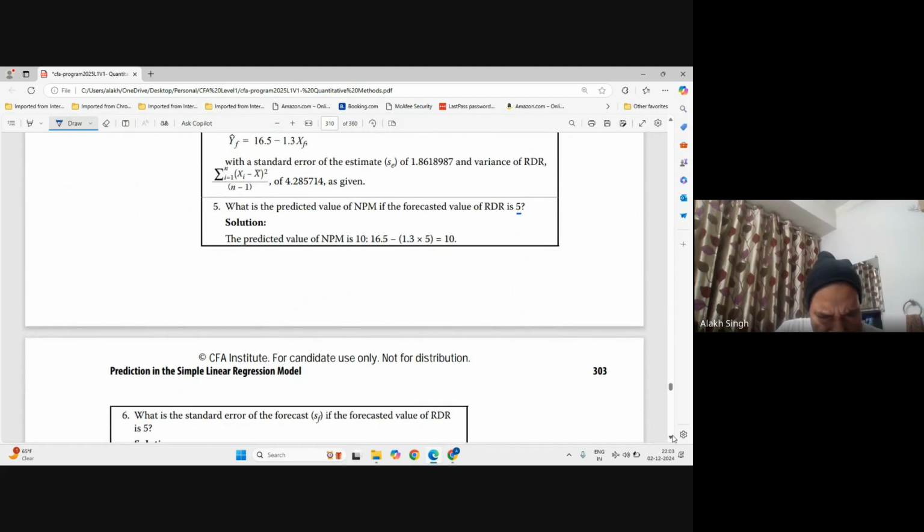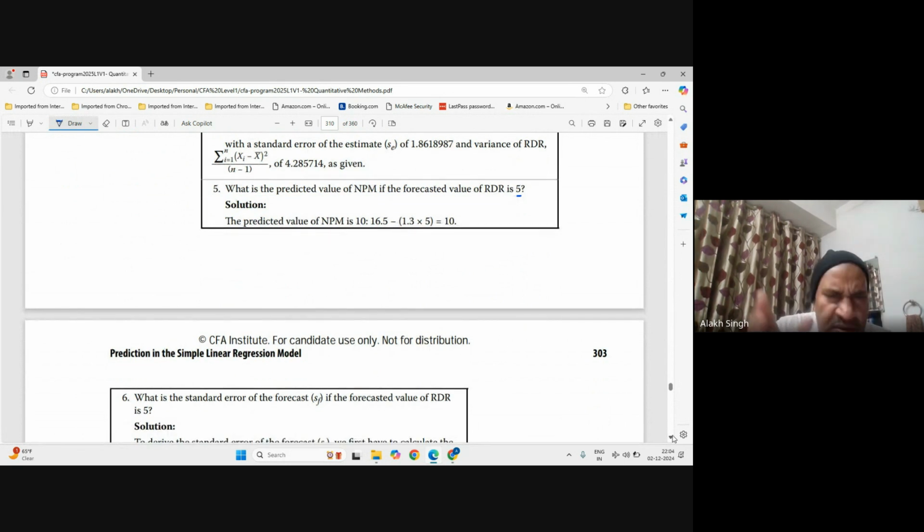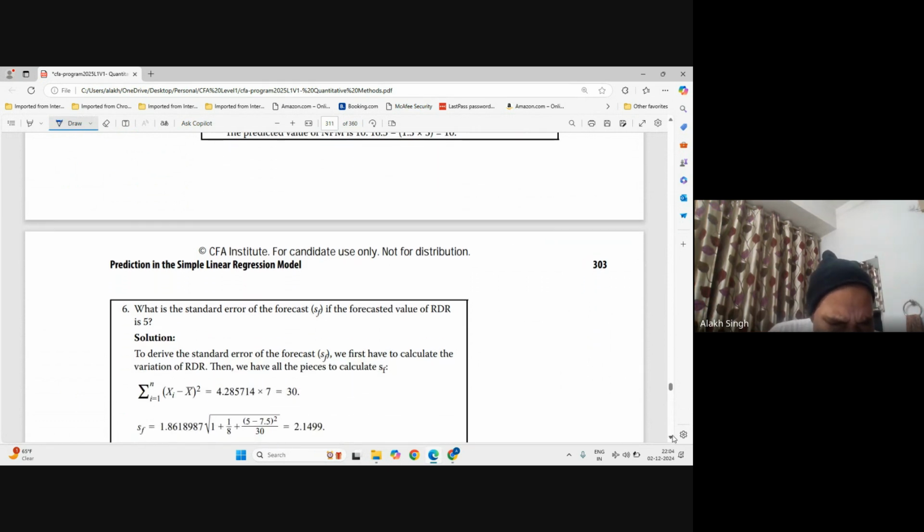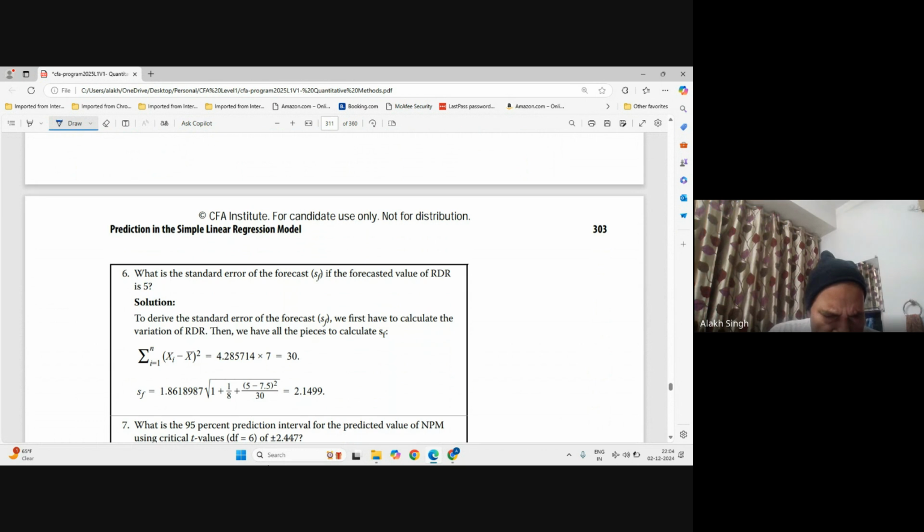What is the standard error of the forecast SF if the forecasted value of RDR is 5? Standard error, okay, let's see. We didn't use that formula. We never tried it because software will do it, so we didn't do this.